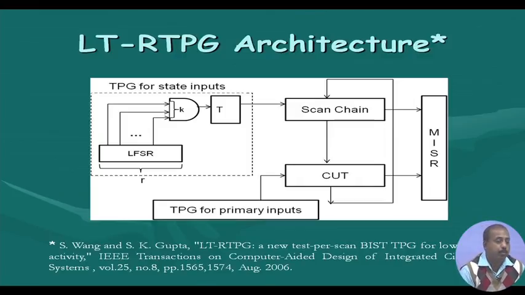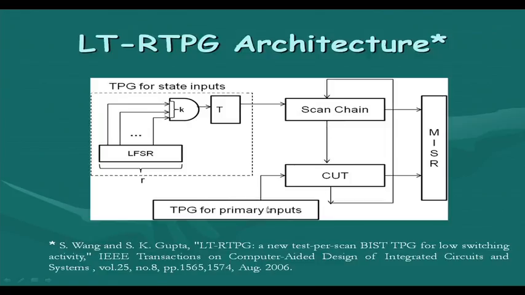Now, as soon as you make it a k-input AND gate controlling this T flip flop, the possibility of introducing a transition becomes much less. That way the scan chain will have very few changes, very little toggling in its input. As a result, the switching in the pattern that we are feeding to the circuit is going to be less.